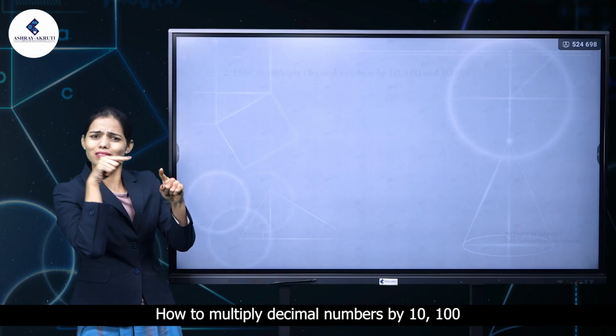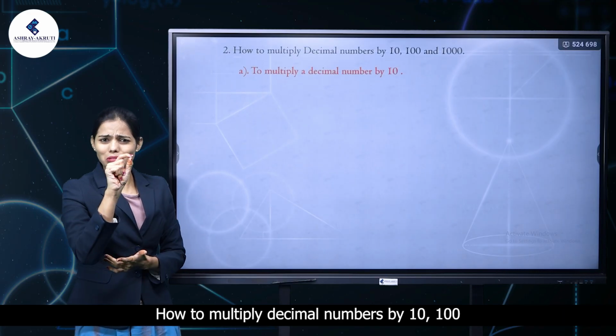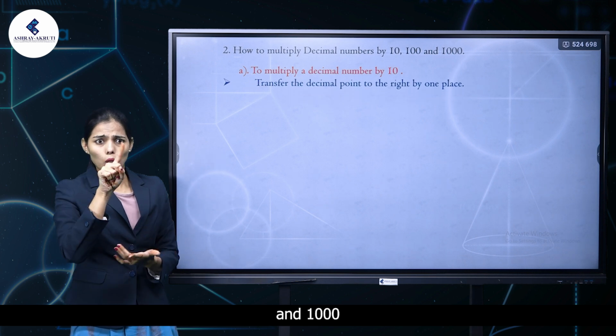How to multiply decimal numbers by 10, 100 and 1000?